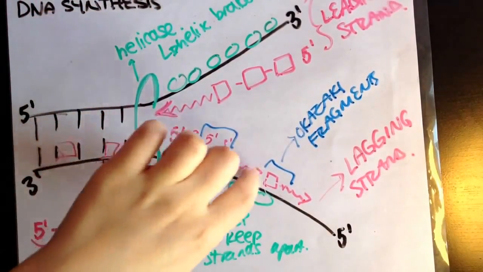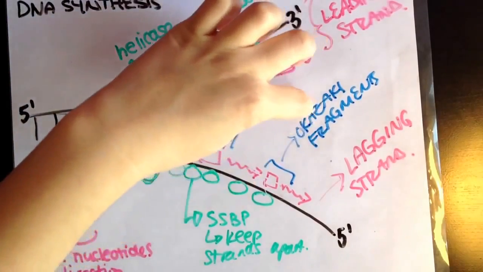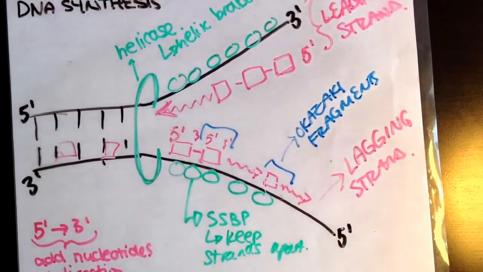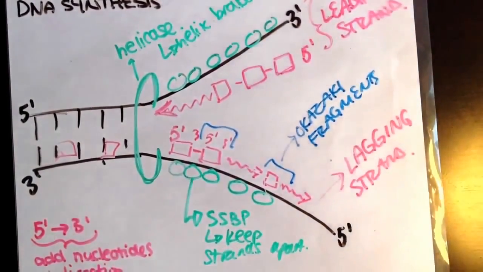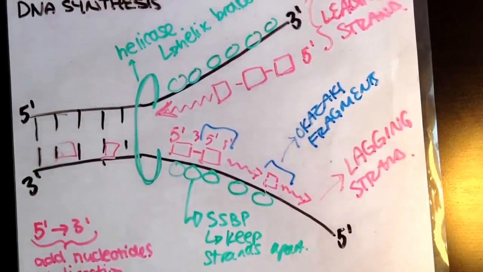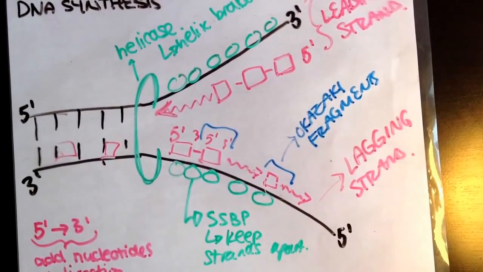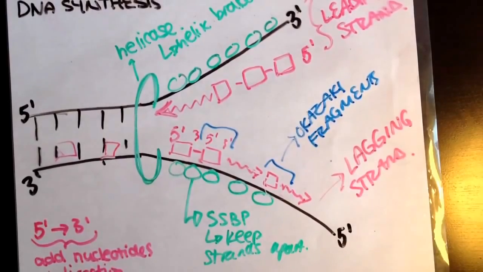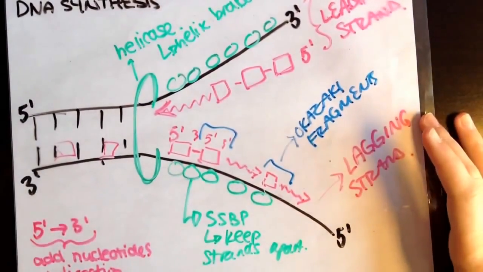And then in between, I'm going to have gaps. So each sequence is going to be an Okazaki fragment, and then these gaps are going to be nicks. And so later on in the process, polymerase comes in and seals it up, or attaches them together, and it's a whole other video that I have to make for that. But hopefully this clears up the whole concept of the leading strand and the lagging strand.